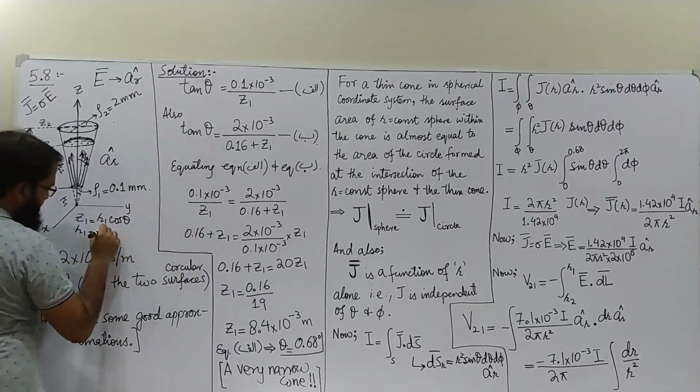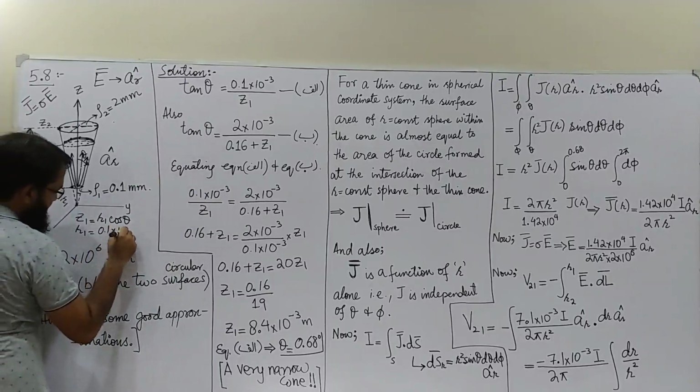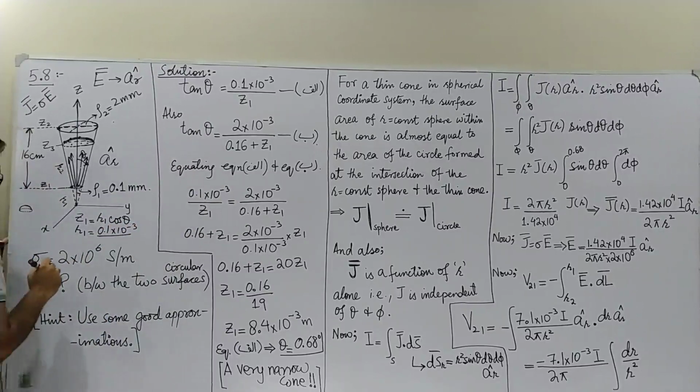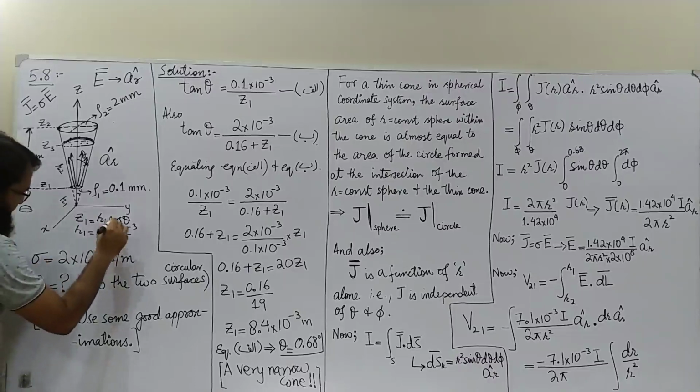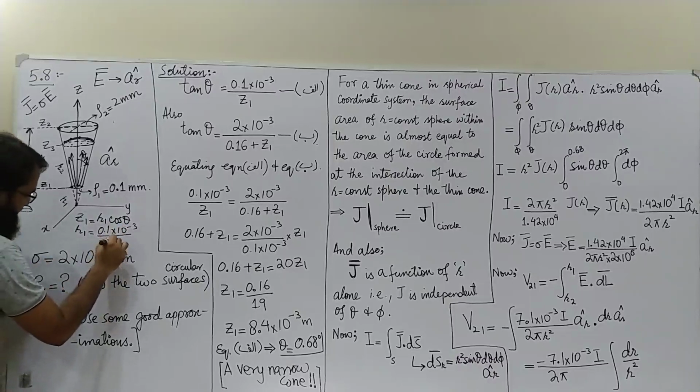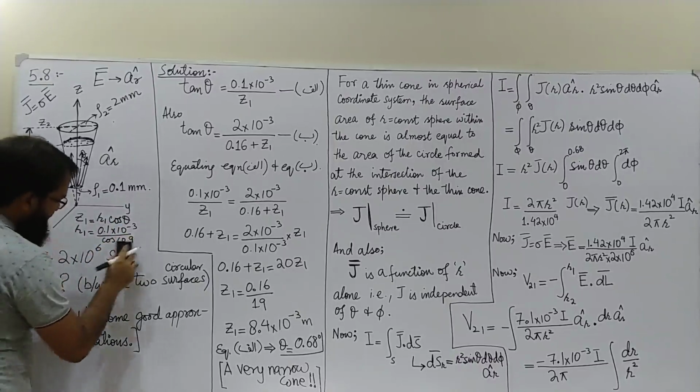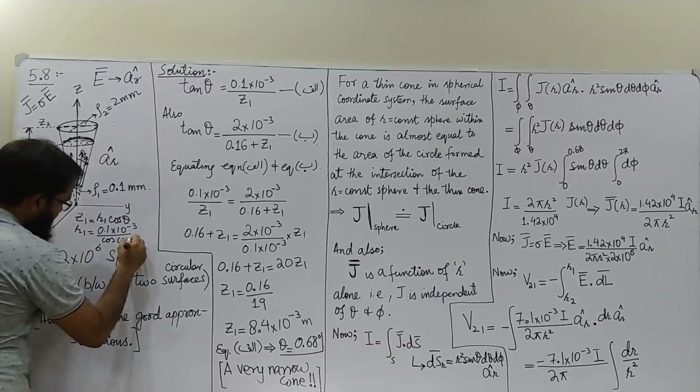Z1, which is 0.1 milli divided by cos of 0.68.